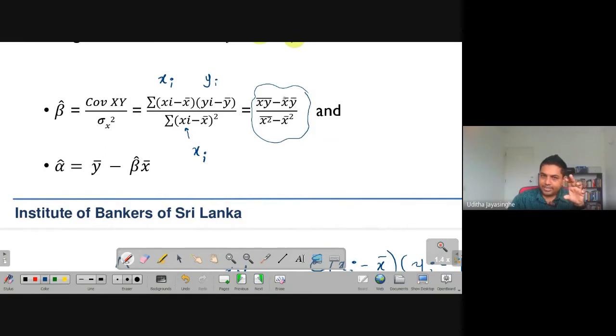This is x average, this is y average. You take the squared values of x and take the average, and this is the x average's square. So if you would ask me which equation to keep in mind, I would say both can be used under the given circumstances.